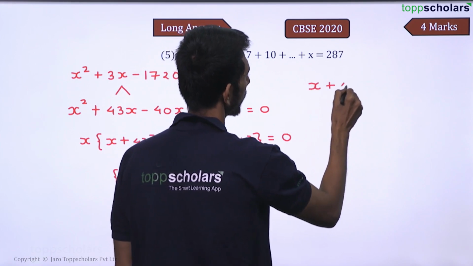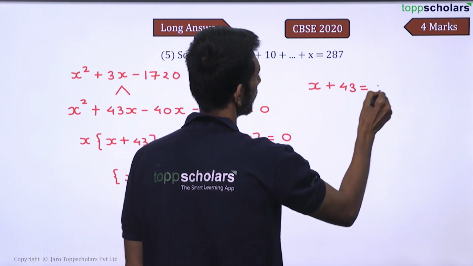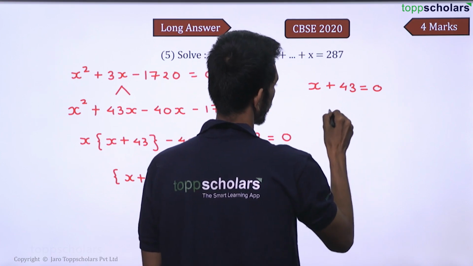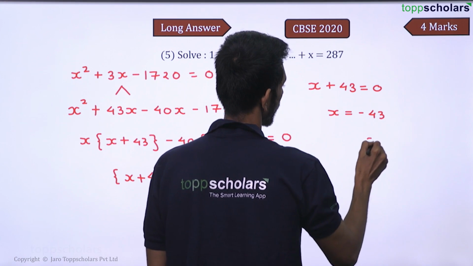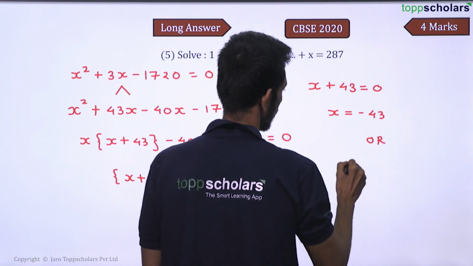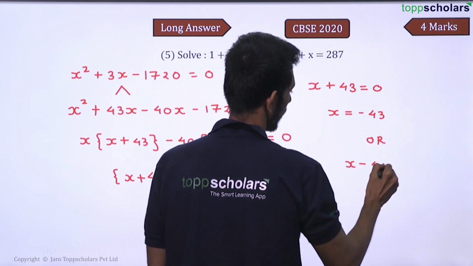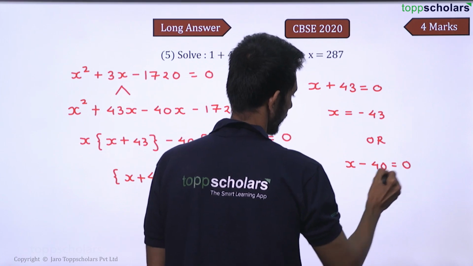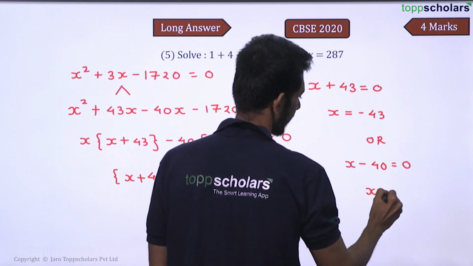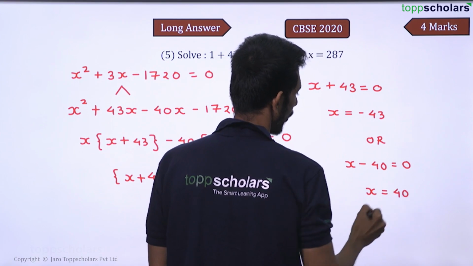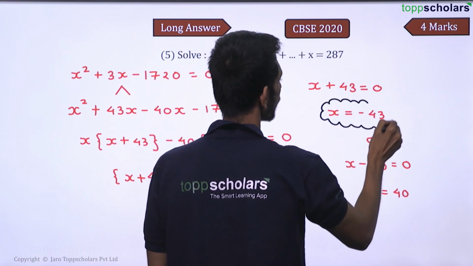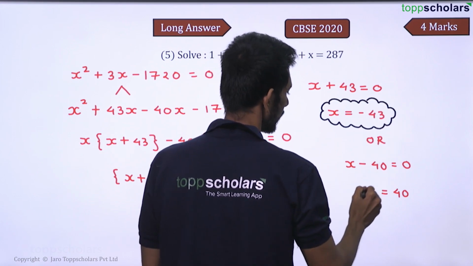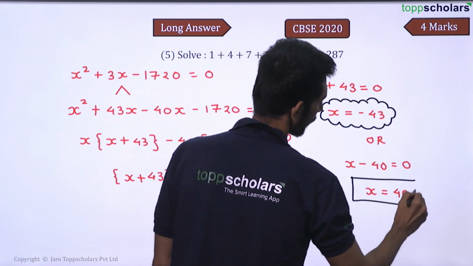So x plus 43 is equal to 0, that is x is equal to minus 43, or x minus 40 is equal to 0, that is x is equal to positive 40. So clearly x is equal to minus 43 is not the option. The final answer is x is equal to 40, right?